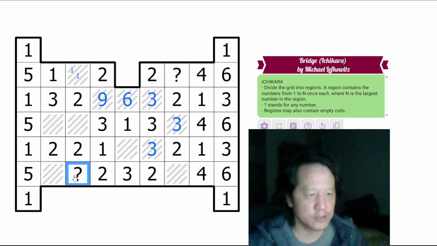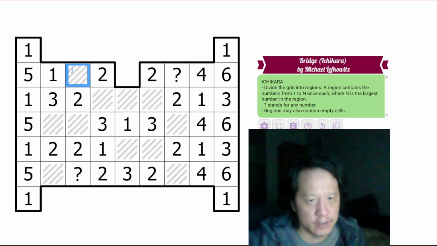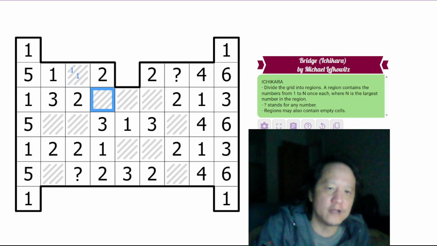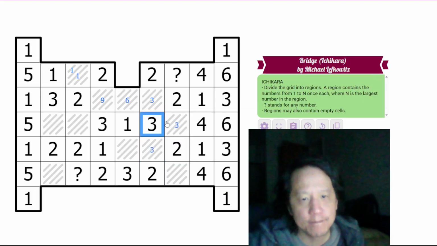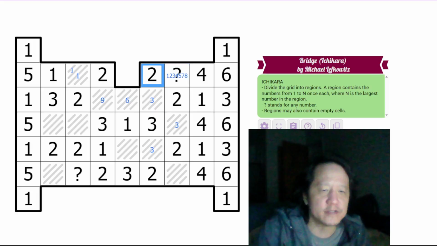So the question marks are 1 through 5 and then 7 or 8 as possibilities. So let's do 11. And we have 9, 6, 3, 3, 3. So this is 1, 2, 3, 4, 5, 7 or 8 as possibilities.